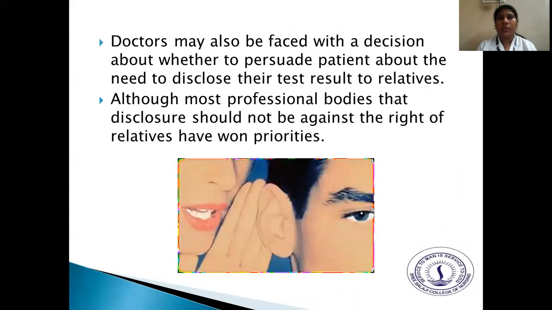Doctors may also be faced with a decision about whether to persuade the patient about the need to disclose their test result to relatives. Although most professional bodies say that disclosure should not be against the patient's wishes, relatives have their own priorities.